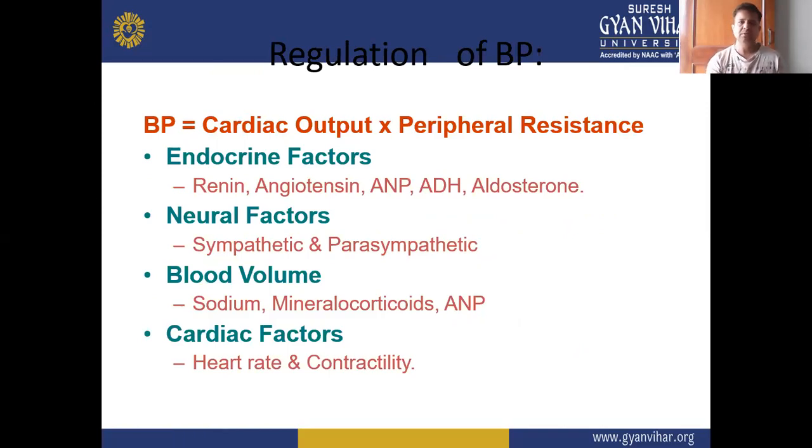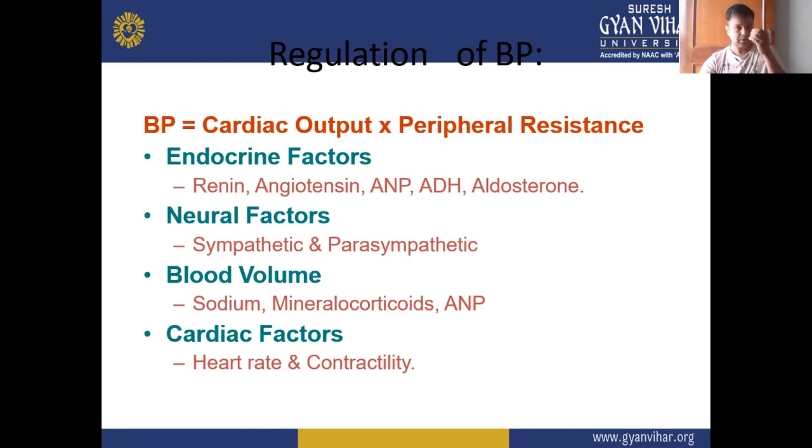Now let's discuss the regulation of blood pressure. Blood pressure is cardiac output multiplied by peripheral resistance. Various factors are involved in regulation of blood pressure.